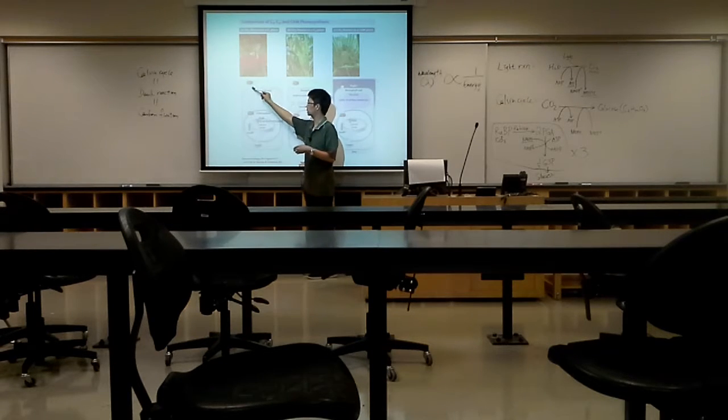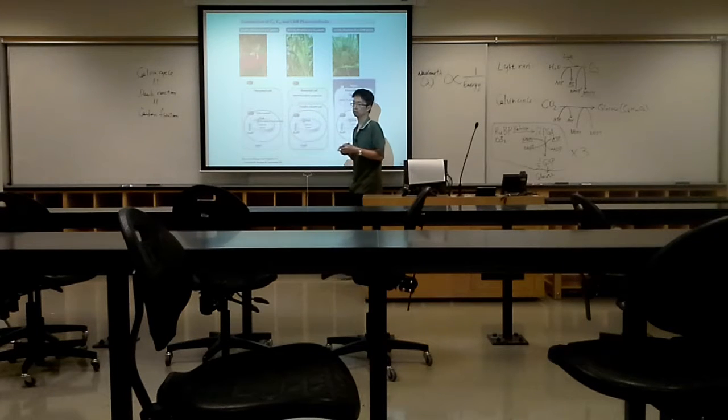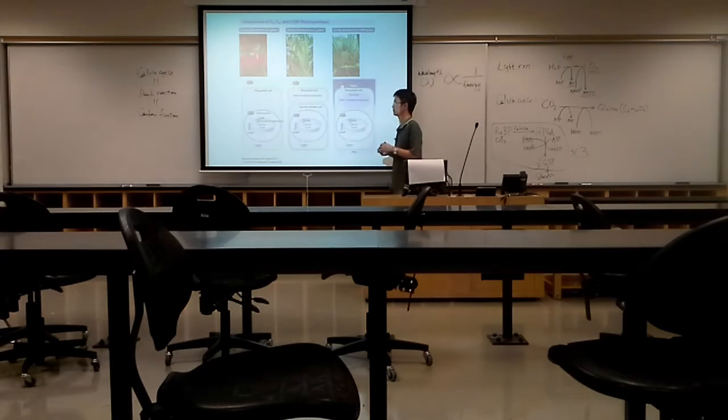But because the stomata is closed and the light reaction makes a lot of oxygen here, then oxygen accumulates and carbon dioxide cannot go in, so it will make less sugar. And as a matter of fact, some of the RuBP will actually become carbon dioxide here.